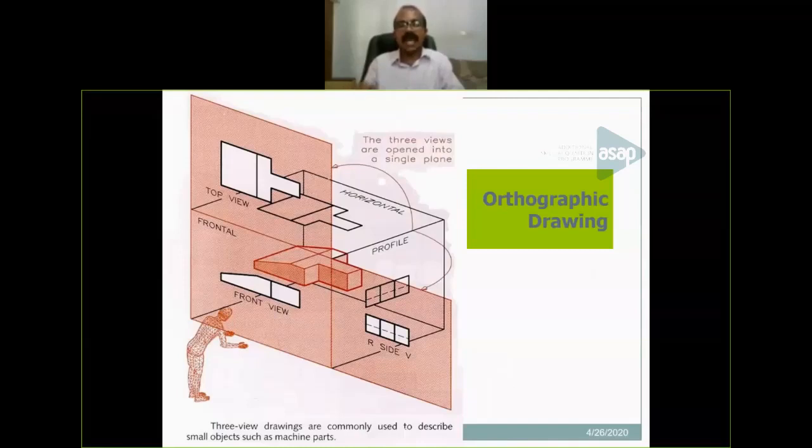Based on that arrow, draw the XY line first, then draw the elevation, then the corresponding plan, then consider the profile plane and plot the profile picture. Similarly, for the same object, different views you can see here. Front view of this object.